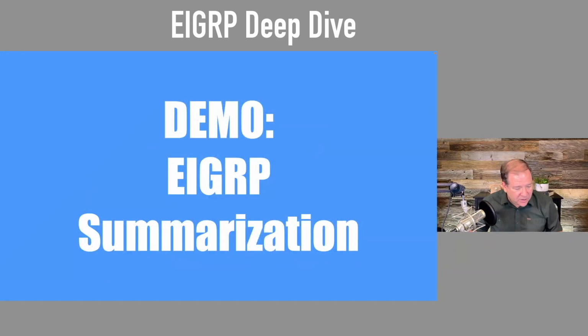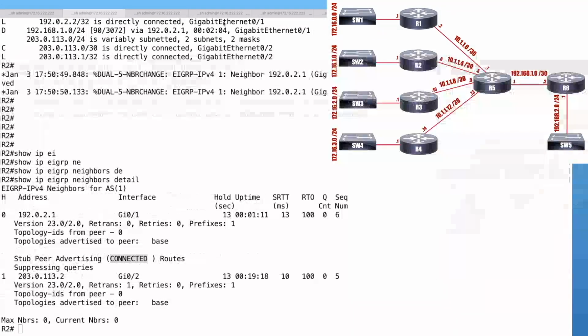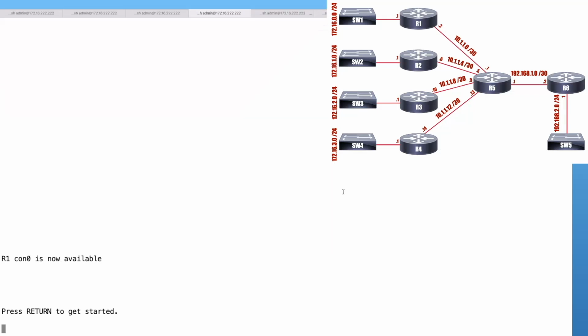Let's go out to the live topology once again, and I'll bring up a different topology this time for summarization. I've got a different set of routers here. Let me go over to router R6 in this topology, and we'll see what it sees in its routing.